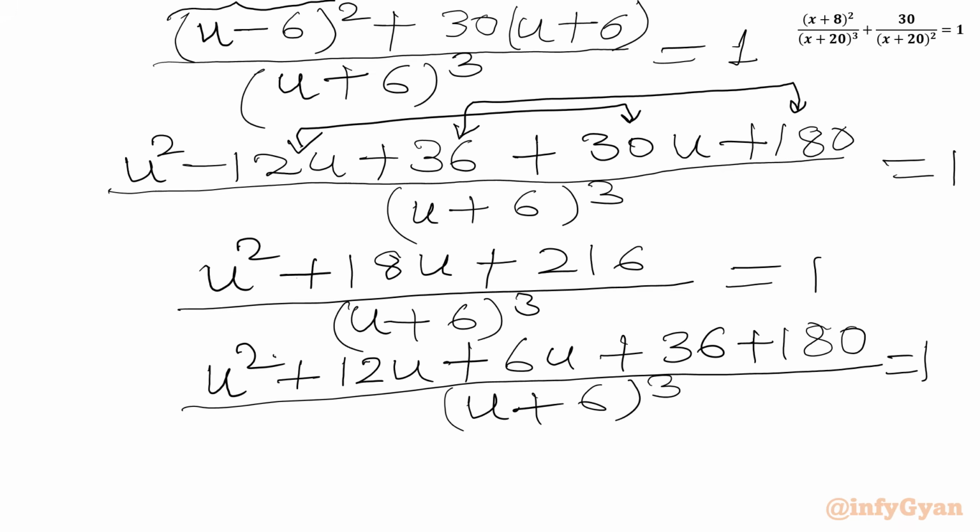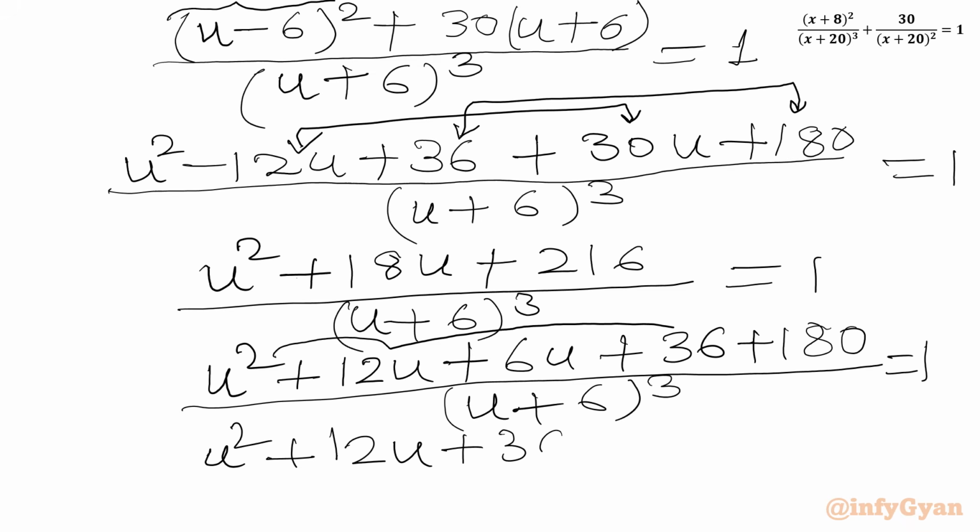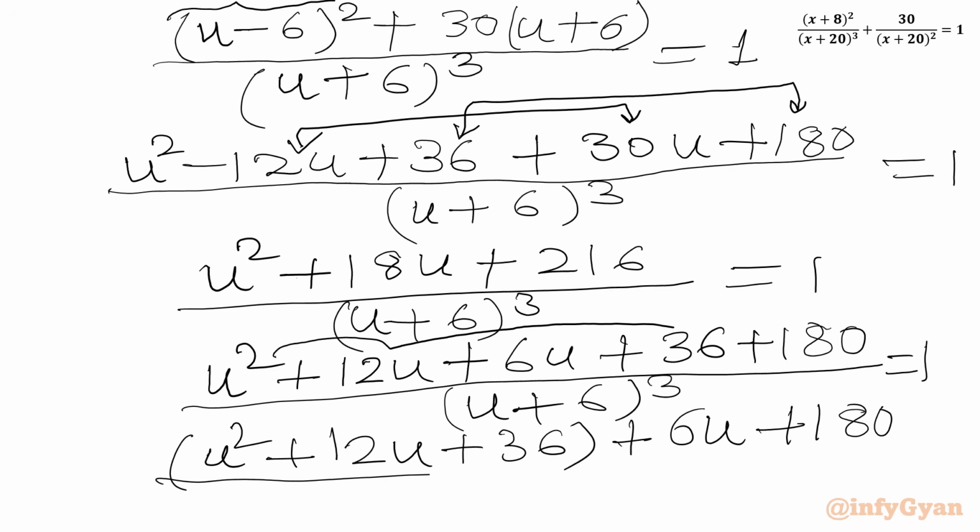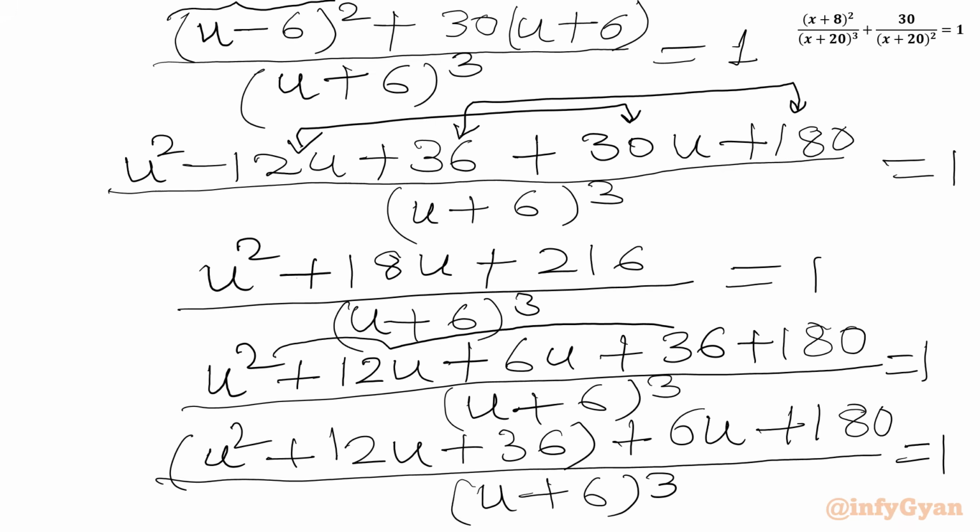Now I will pick u square, 12u and 36, these three terms in one bracket. Let me write u square plus 12u plus 36, which is u plus 6 whole square. Then remaining two terms 6u plus 180. Denominator is u plus 6 whole cube. RHS is 1.